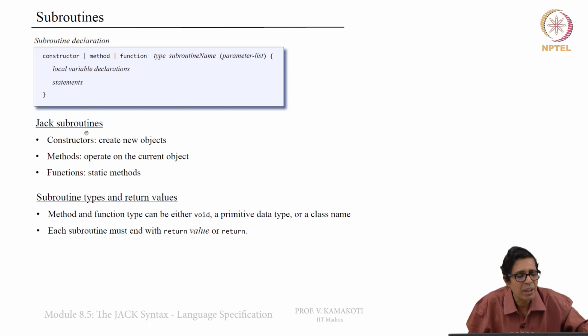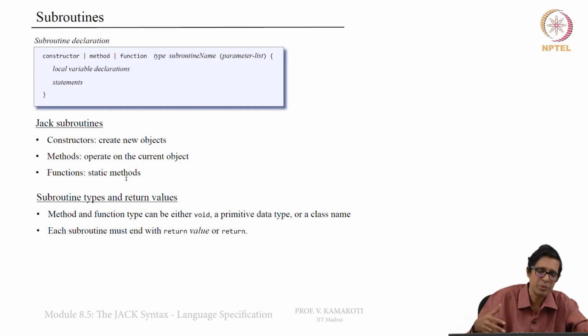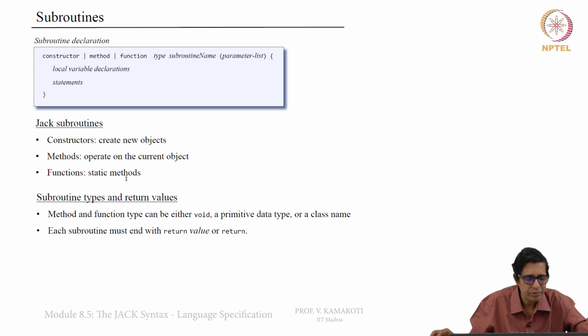Right. So, what are the Jack subroutines? Constructors, which will create new objects; methods, which will operate on the current object; functions are static methods, which will not change the content of the current object. Right. So, the static method will basically take some values and give you a new value, and the methods will use this function to change the context of the current object.